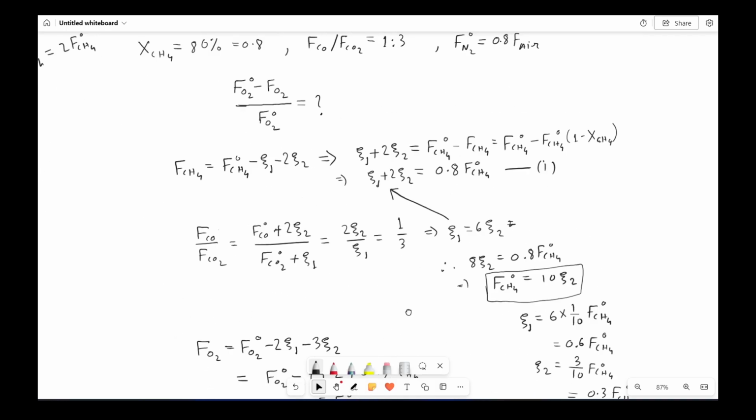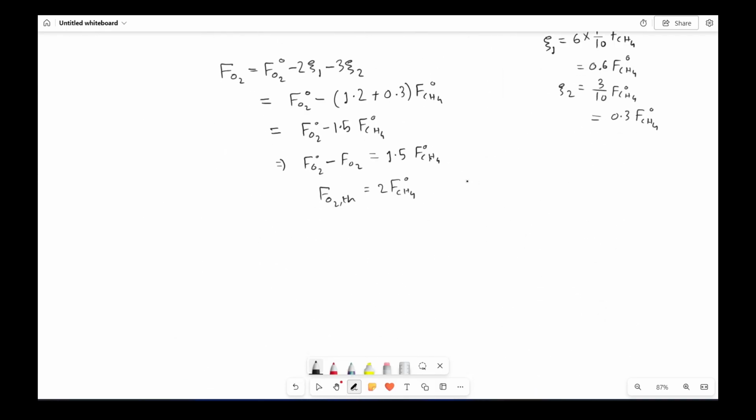So for 20% excess supplied, FO2 naught will be 1.2 times FO2 theoretical, which is equal to 1.2 times 2 FCH4 naught, which is equal to 2.4 FCH4 naught.